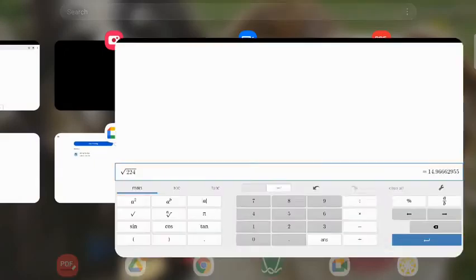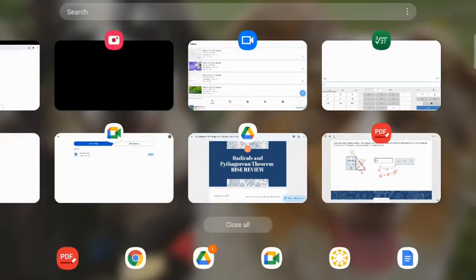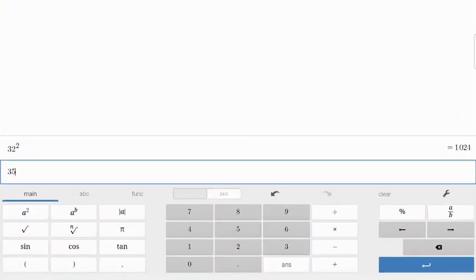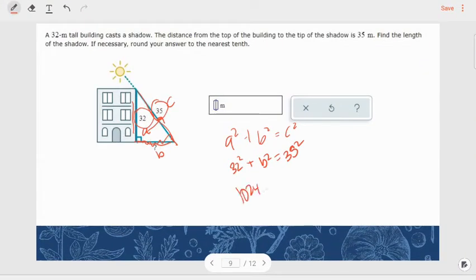Let's go ahead and calculate that. 32 squared is 1024, and 35 squared is 1225. So 1024 plus b squared equals 1225. Draw my line down my equal sign. Minus 1024.